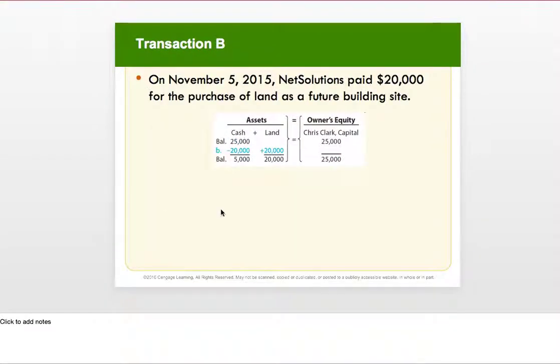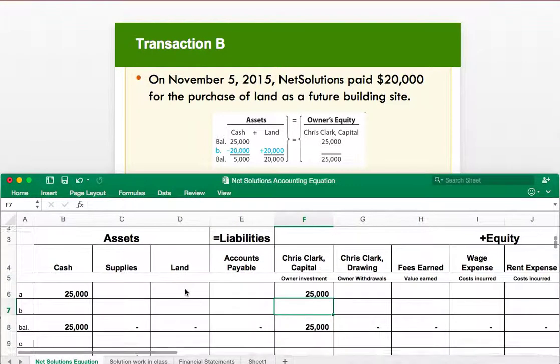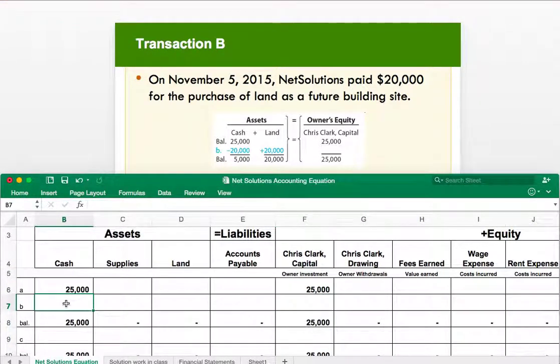Next is transaction B. On November 5th, Net Solution paid $20,000 for the purchase of land. So Chris Clark has found some land he wants to use in the future. But what happens to cash when you see this word, paid? Whenever you see paid, that means cash goes down. So you'll type negative $20,000 because cash just went down, and that means at the end of the day on the 5th, we're left with $5,000.